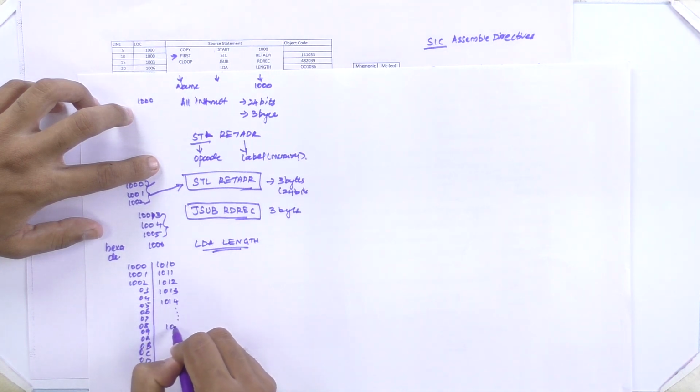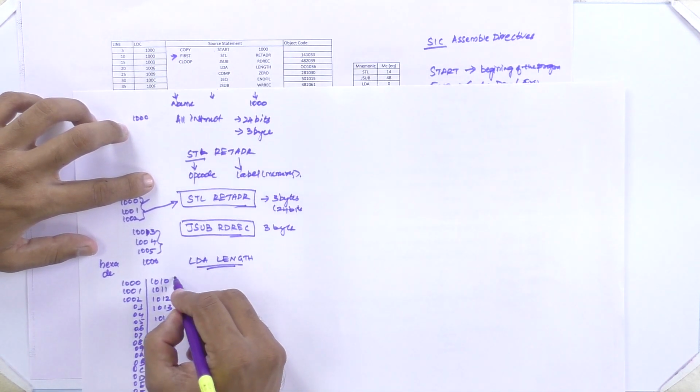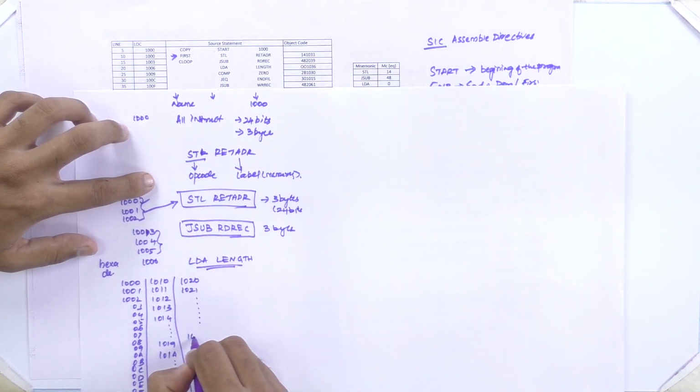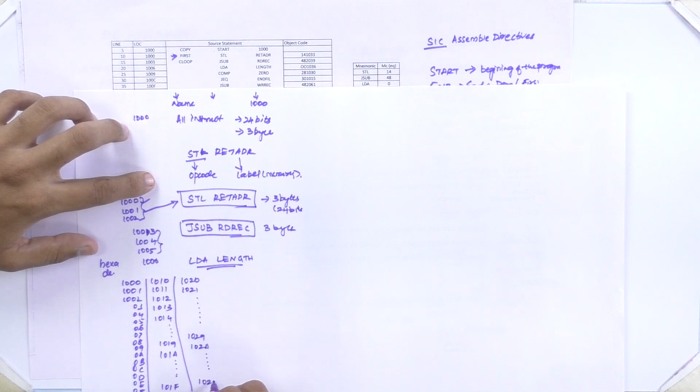It will come up to 1019, then 101A up to 101F. After that it will be 1020, 1021. It will go up to 1029, then 102A, and move up to 102F.